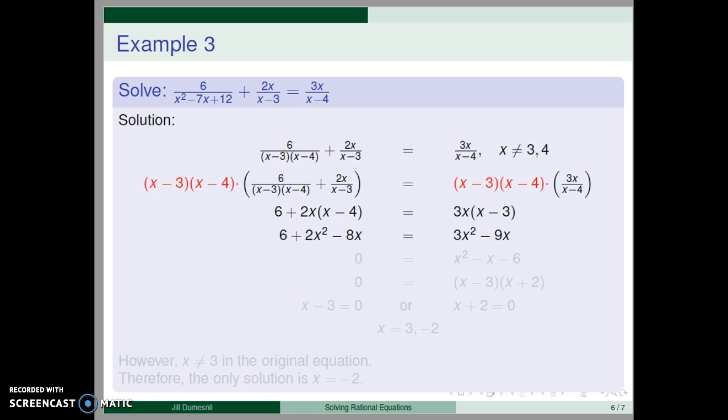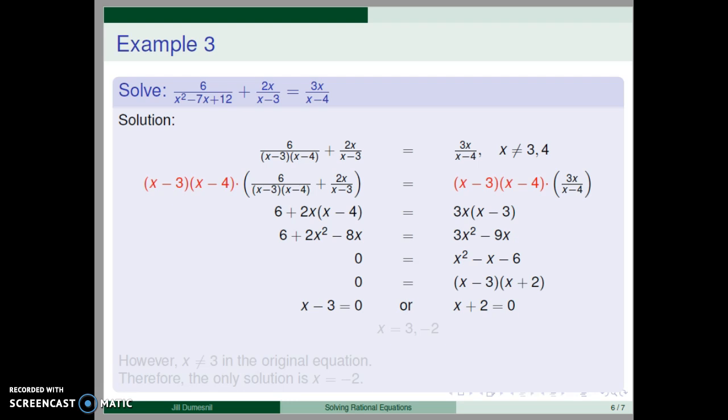And we notice that this is a quadratic equation. We can put the quadratic in standard form by subtracting 2x squared, adding 8x, and subtracting 6 on both sides of the equation. Since x squared minus x minus 6 factors as x minus 3 times x plus 2, we again have a product equaling 0.